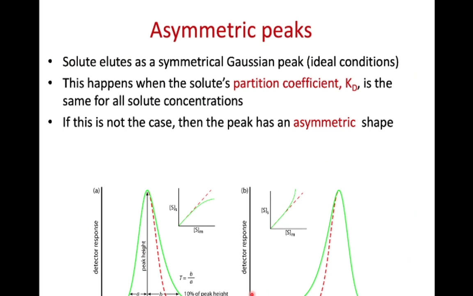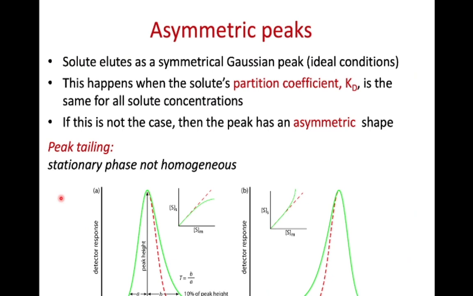Looking at asymmetric peaks, the solute ideally elutes as a symmetrical Gaussian peak. However, we can get other types of peaks. The peak is Gaussian when the solute partition coefficient, KD, is the same for all solute concentrations. If this is not the case, then the peak has an asymmetric shape.